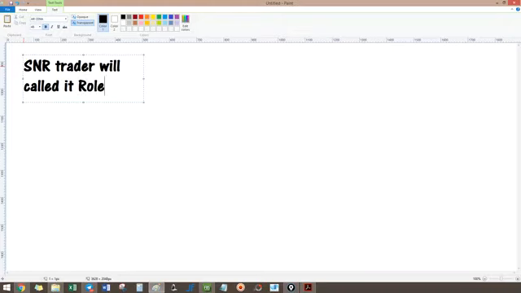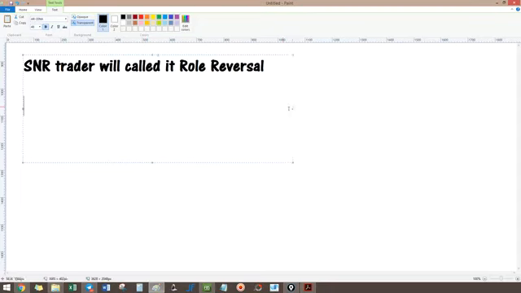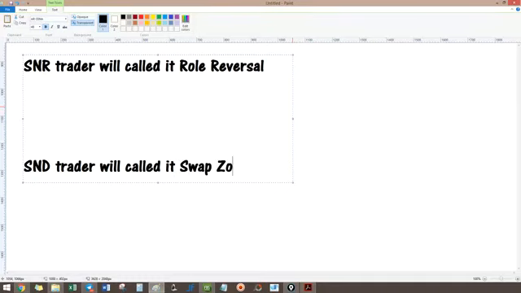The S&D trader, or supply and demand trader, will call it swap zone. These are two different types of trader.